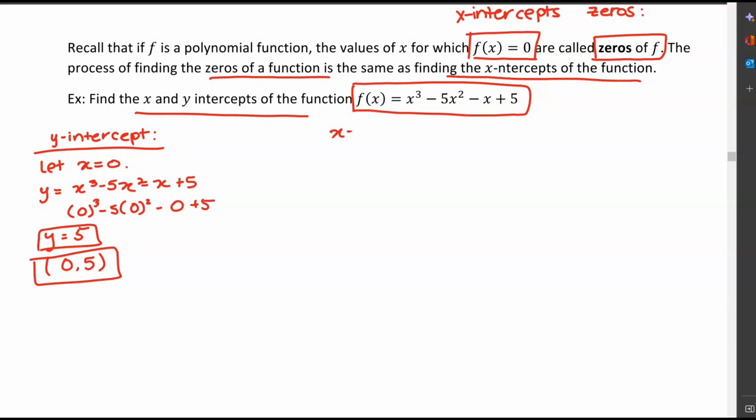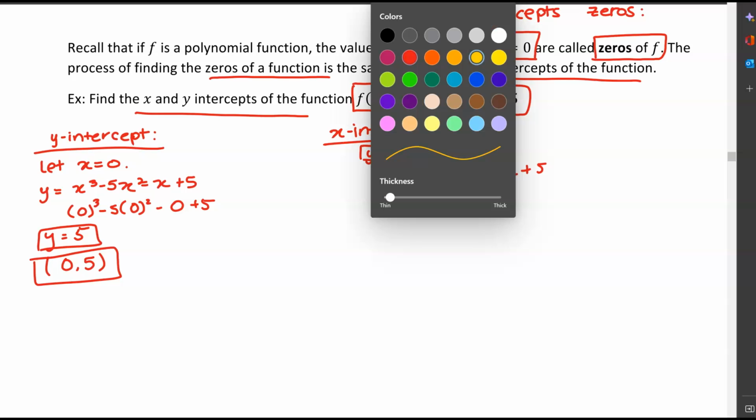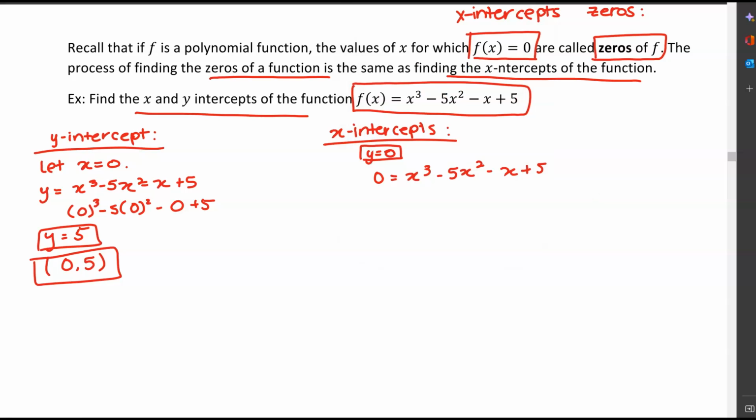Alright, so now let's look at the x-intercept. For the x-intercepts, we set y equal to 0. So here we'd have 0 equals x cubed minus 5x squared minus x plus 5. In order for us to solve this, we're going to factor by grouping.